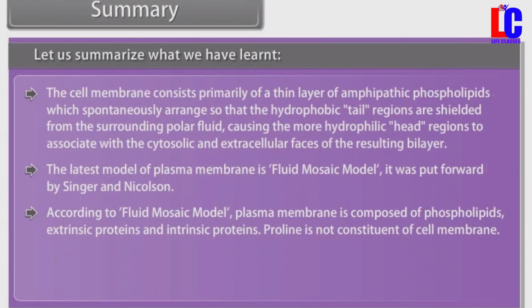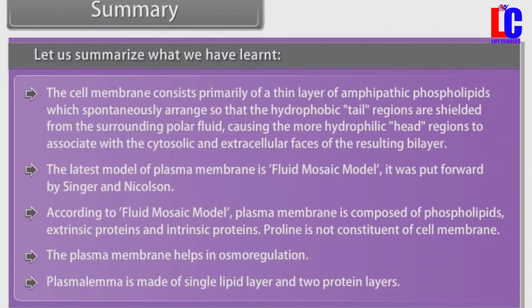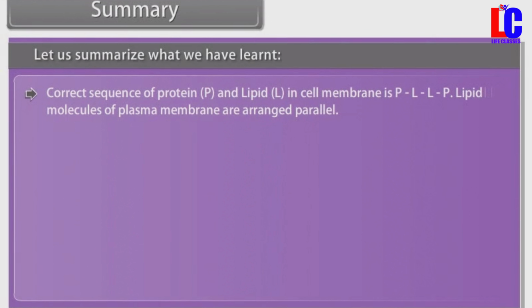Proline is not constituent of cell membrane. The plasma membrane helps in osmoregulation. Plasmalemma is made of single lipid layer and 2 protein layers. Correct sequence of protein P and lipid L in cell membrane is PLLP.